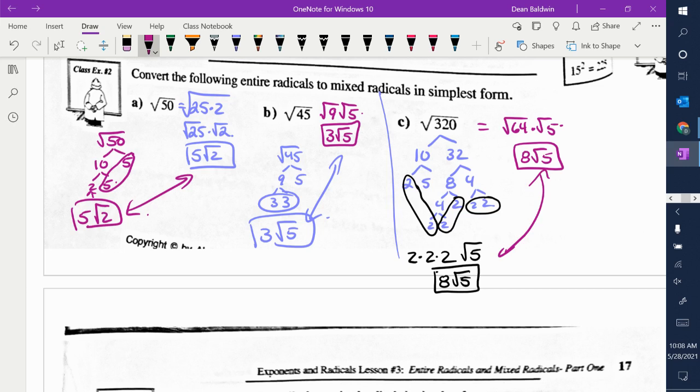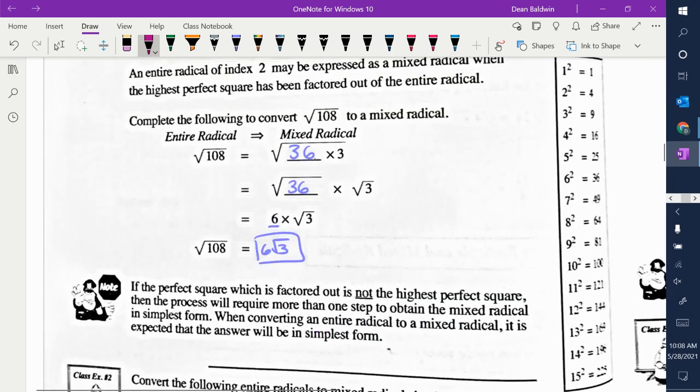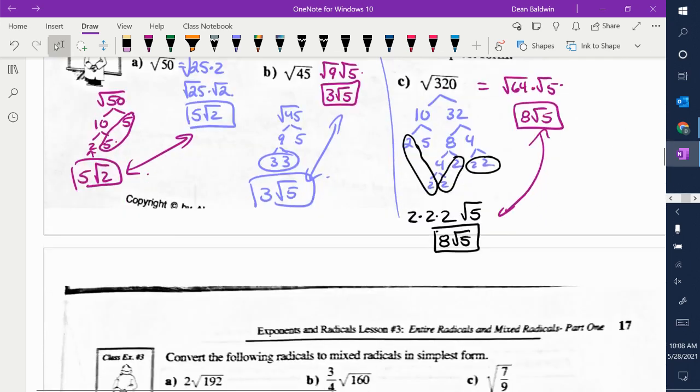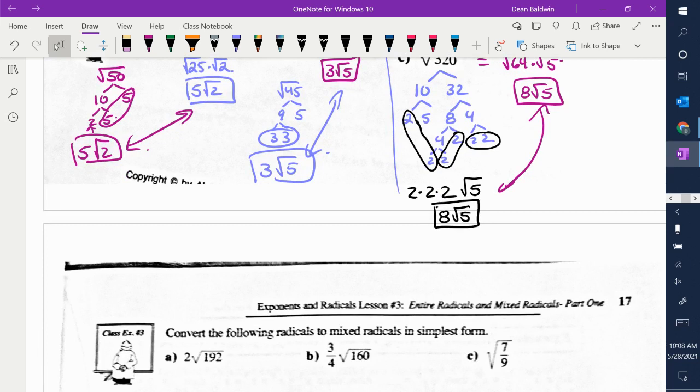The thing about this method is you have to know the perfect squares, okay? And they actually list them right here, up to 15 in your book. You will have a calculator on your test, so you don't need to worry about if you can't do this in your head, that's fine. Okay?